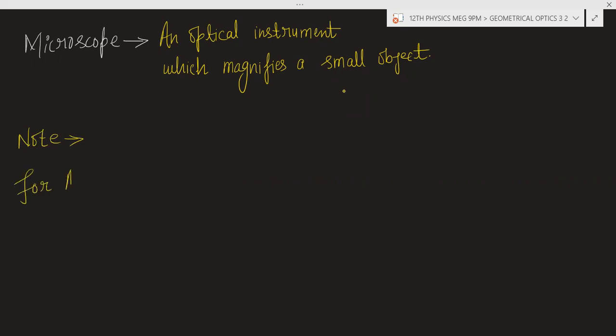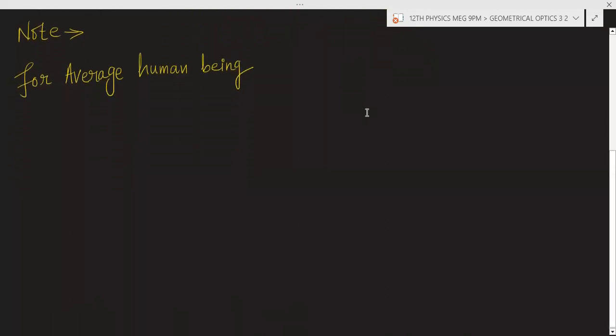For an average human being, the least distance of distinct vision means the minimum distance up to which we can see the object.